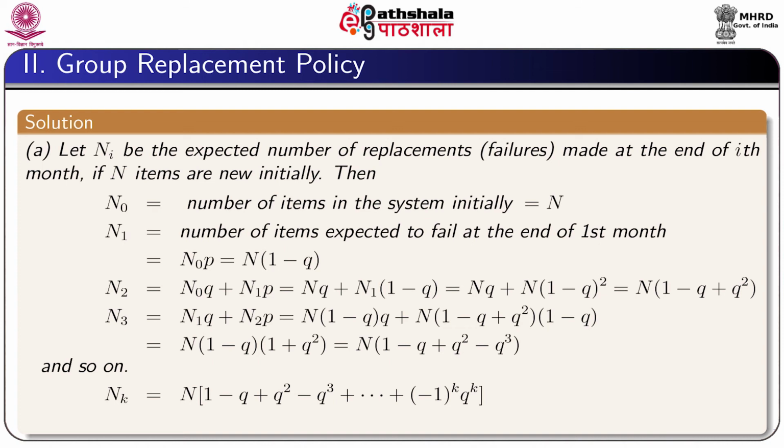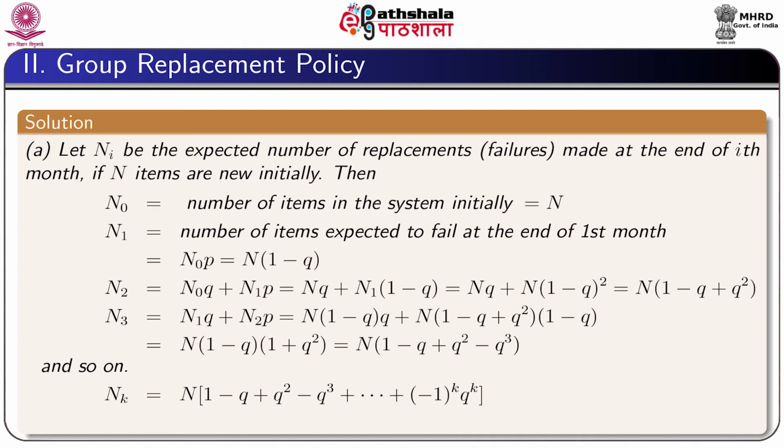Note that the probability of failure at the end of second month is q, which is 1 minus p. Therefore, the probability of failure at the end of first month is p. Therefore, we can find the expected number as N_0 into p, which is equal to n into (1 minus q).